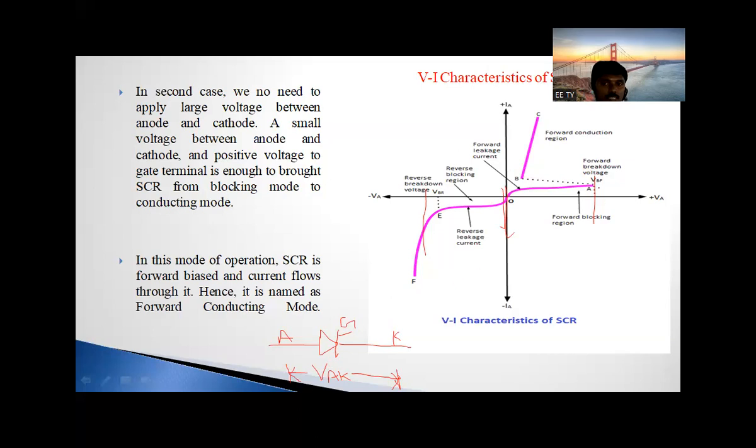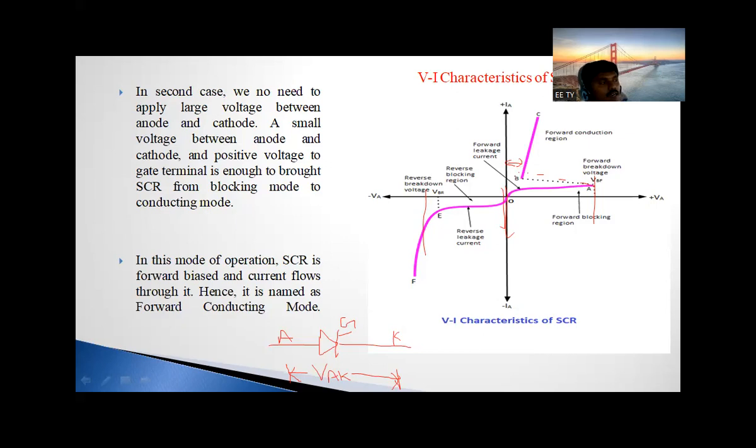That's why this voltage suddenly falls. We can draw it as zero, but a small voltage drop is present, maybe 1 volt or 2 volts. This is the magnitude of the voltage.